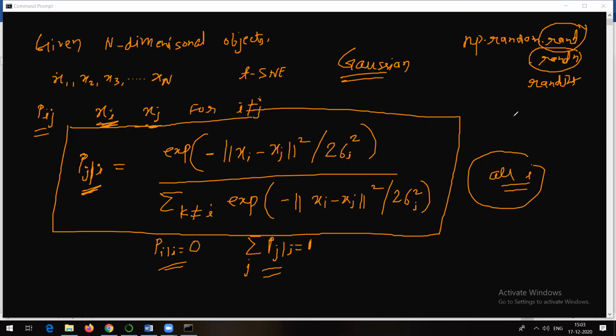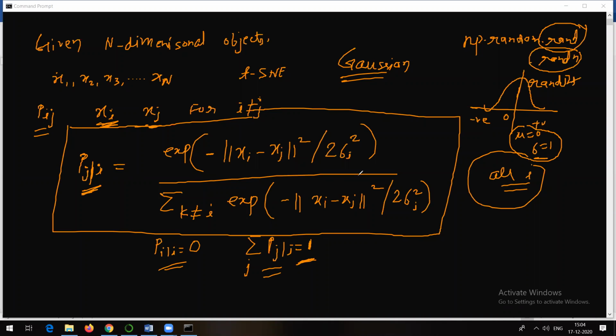Gaussian distribution is nothing but the values are centered around 0. That means here it will be negative values, here it will be positive values, and the values distribution will be like this. This is called Gaussian distribution, where mu is 0 and sigma is 1. Mu is nothing but the mean or the average, and sigma is nothing but the standard deviation, right? So that's what it is talking about.